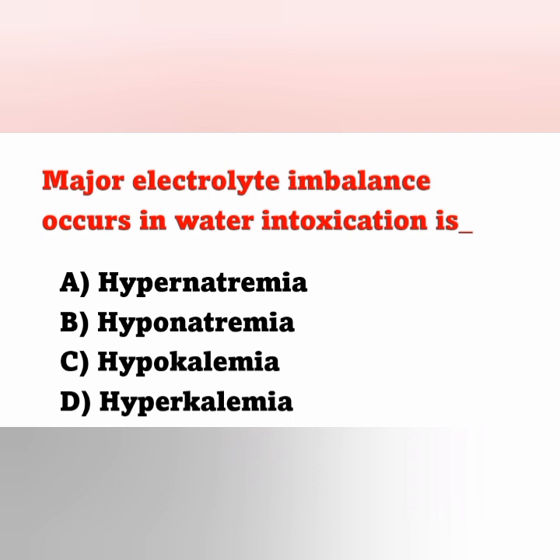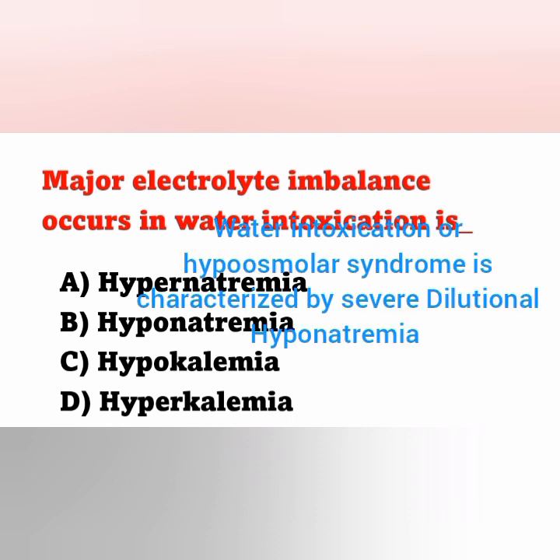First question, major electrolyte imbalance occurs in water intoxication is. Options, option A hypernatremia, option B hyponatremia, option C hypokalemia, option D hyperkalemia. Here the question is, the electrolyte imbalance occurs in water intoxication.